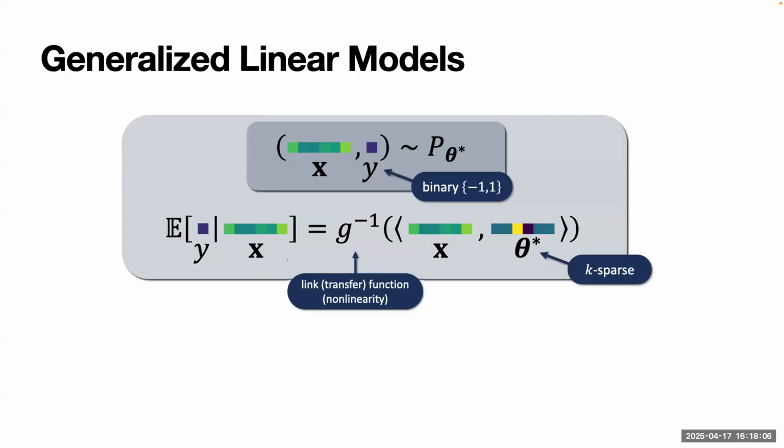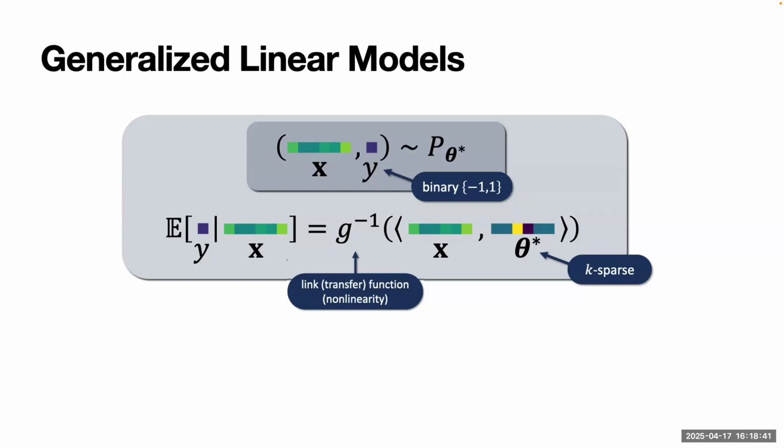Most of you must have seen this before. One of our assumptions is binary output, so we are assuming Y to be binary. They are generated by some parameterized model, and the model is such that the expectation of Y given X is some link or transfer function of X transpose theta star, where theta star is the true model. Whenever you have a form like this, we call it a generalized linear model.